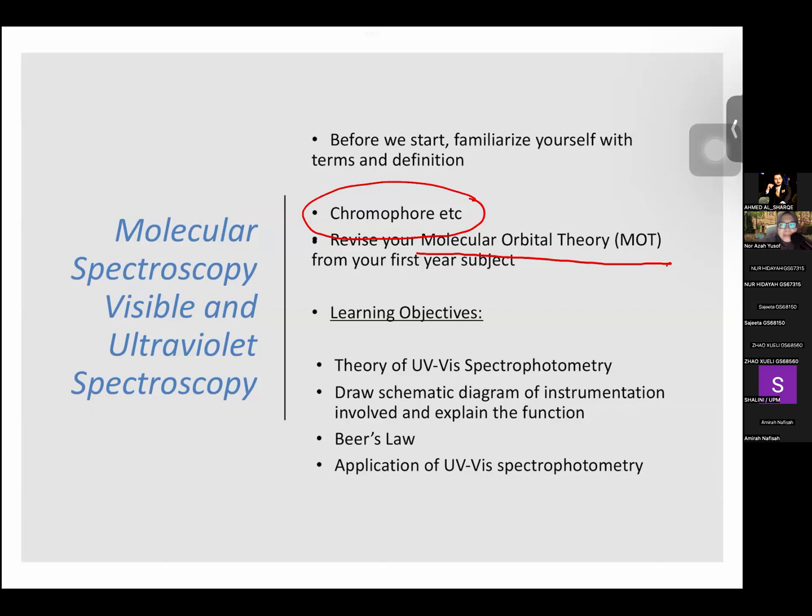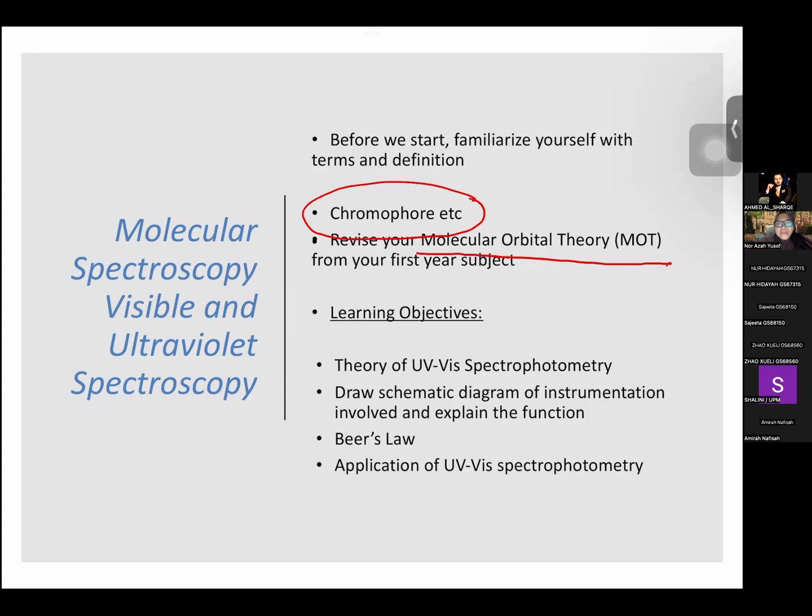Can you repeat that? I don't get it. Sorry, because I'm in the library, so I can't raise my voice. Okay. I said, can you repeat the question? Why chromophore compound, as Sajita mentioned, can absorb light, energy, right? So why chromophore compound can absorb light?